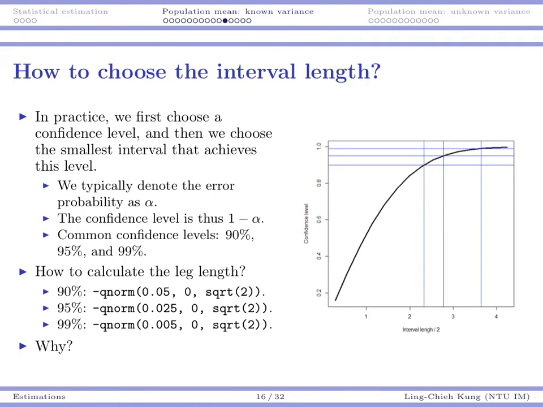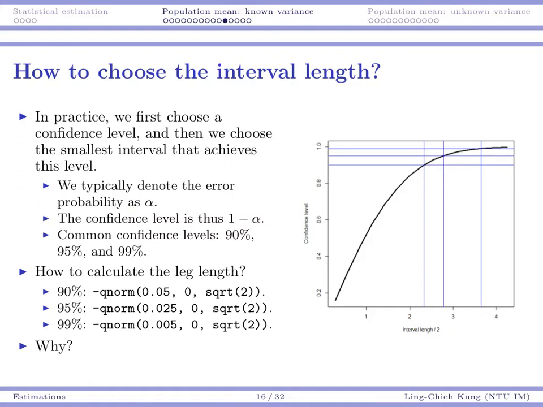Okay, so this is actually how we do this in practice. In practice, we go from a confidence level to a level size, to an interval size. Typically, we will look at the error probability.